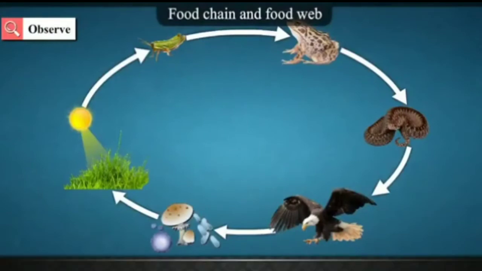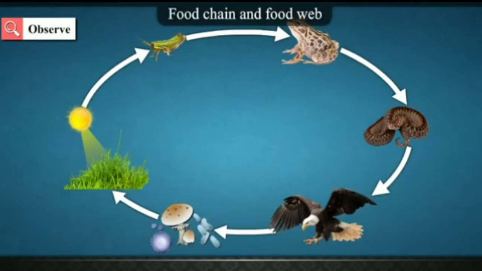Now let's study food chain and food web. Children, observe this figure and explain the relationship between the components. You need to construct 4 chains like the one which is shown in this figure. Interaction goes on continuously between producers, consumers, and saprophytes.